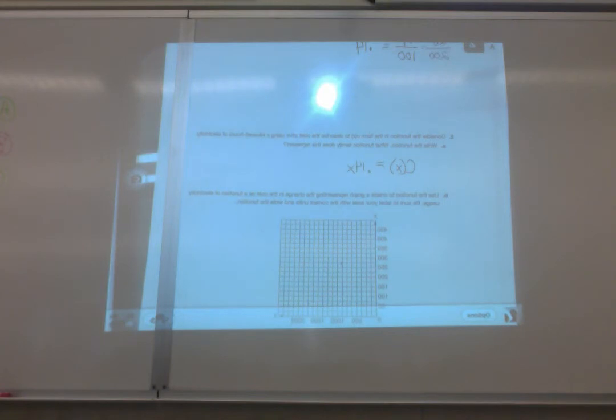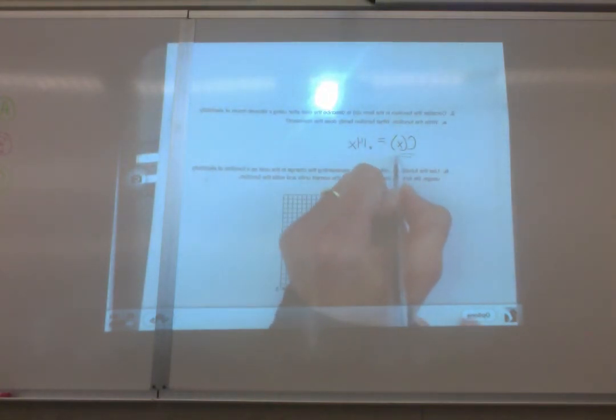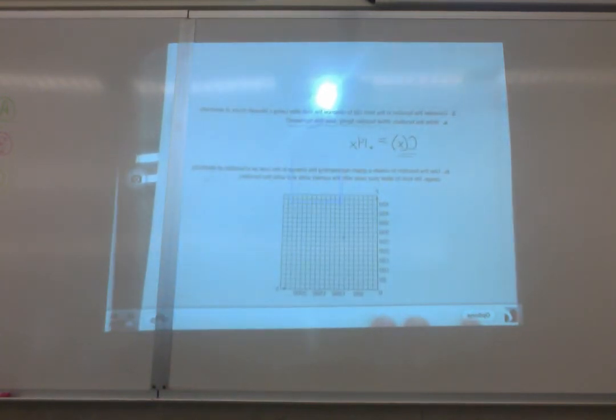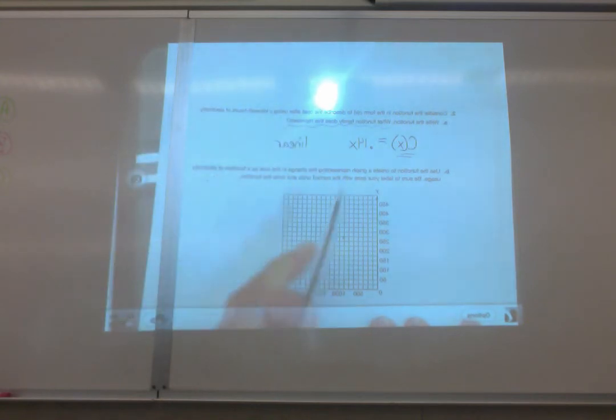We already had that relationship on the front of the page. We're just using function notation. What function family does this represent? Linear. If you have an x that does not have exponents, it's linear. Just a plain old x, linear.